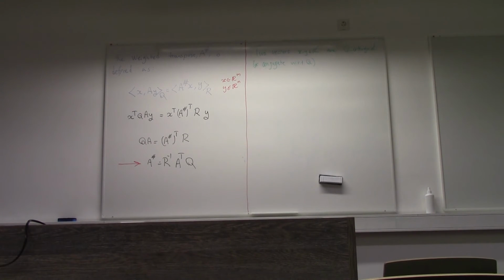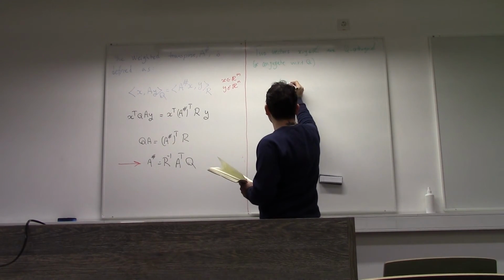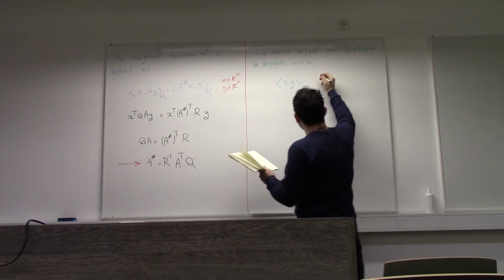But if X and Y are Q orthogonal, then the weighted inner product with the weight of Q will be 0.